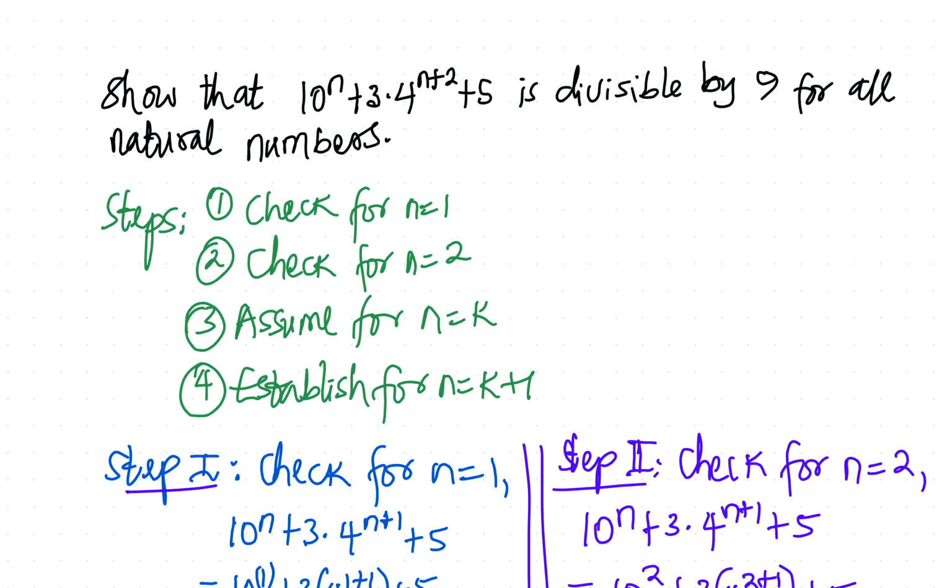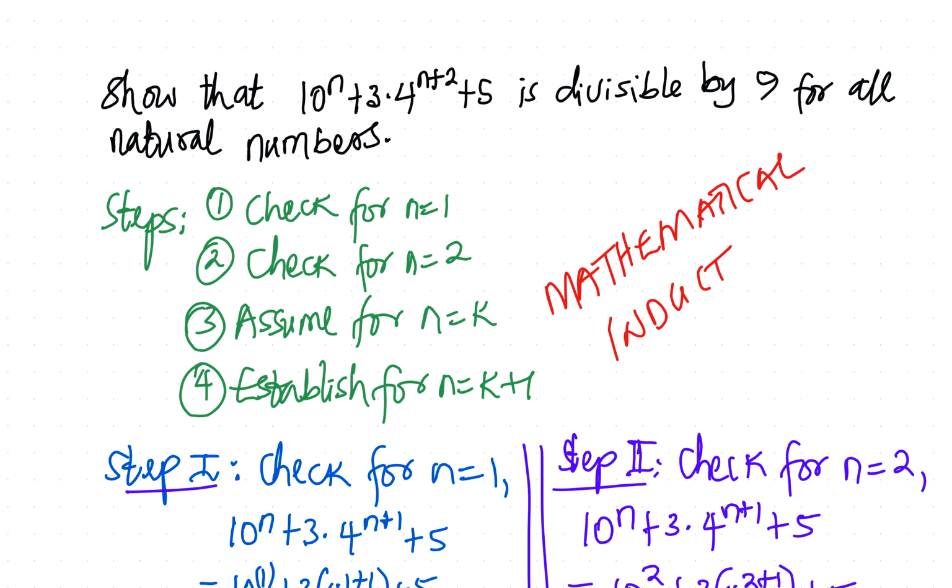So you should know that this question borders on mathematical induction. I should do a full video one of these days on mathematical induction, taking you through the whole process. Generally, anytime you have to do mathematical induction, there are 4 basic steps. The first thing is, whatever you're told to prove, you have to check if it is true for n equals 1.